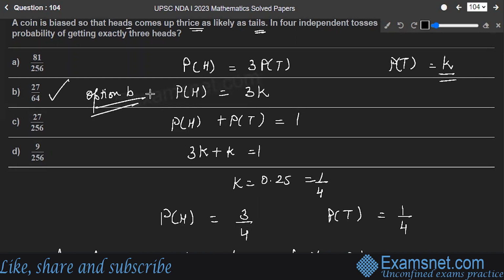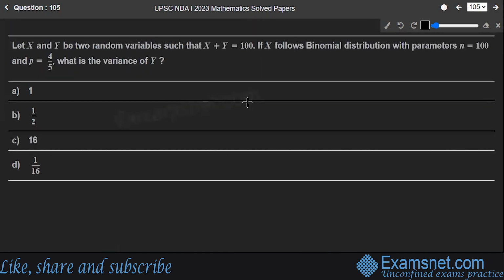Hope you got this. Let's move to the next question, number 105. Let X and Y be two random variables such that X plus Y is equal to 100 and X follows a binomial distribution with parameters n is equal to 100, p is equal to 4 by 5. Then what is the variance of Y? Given X and Y, they are two random variables. You are given that the sum of them is equal to 100.